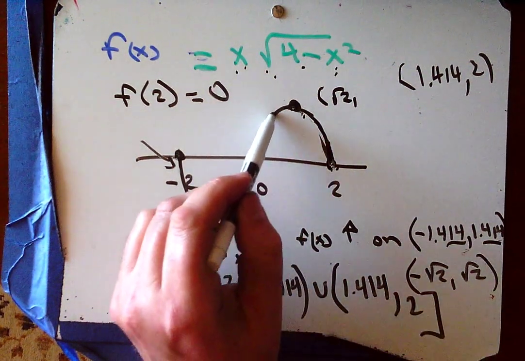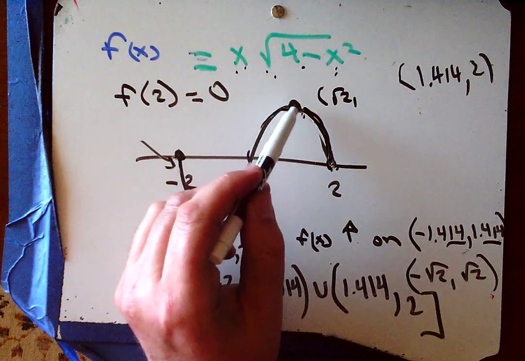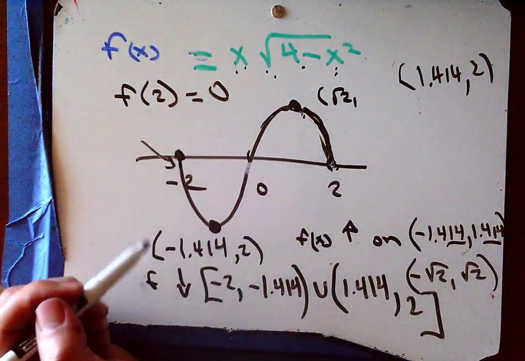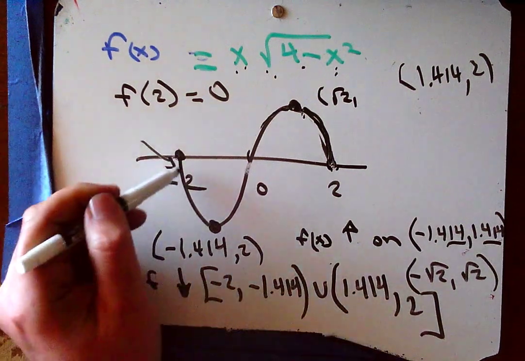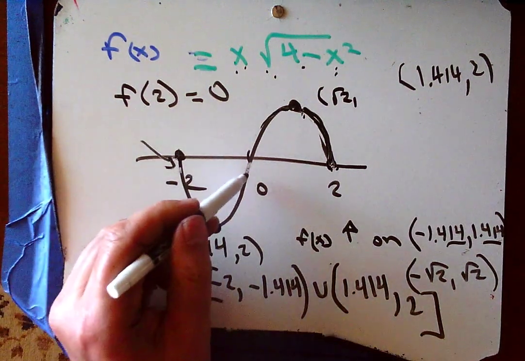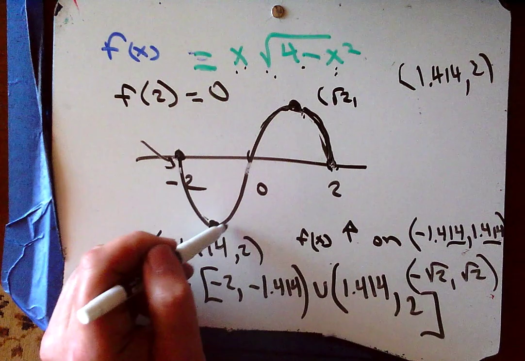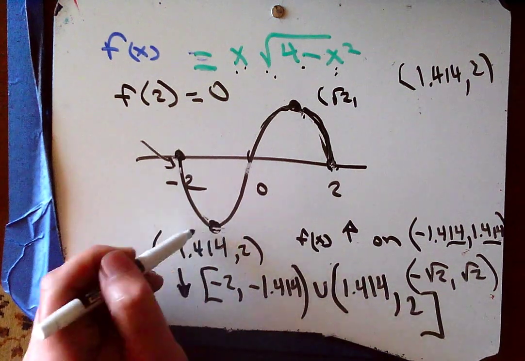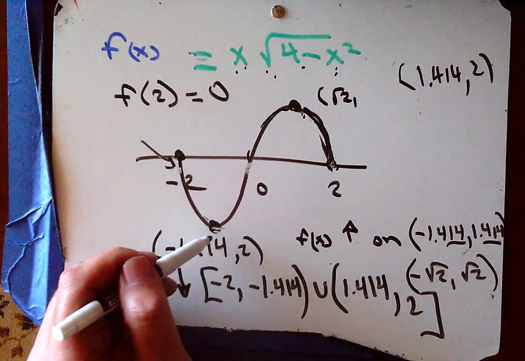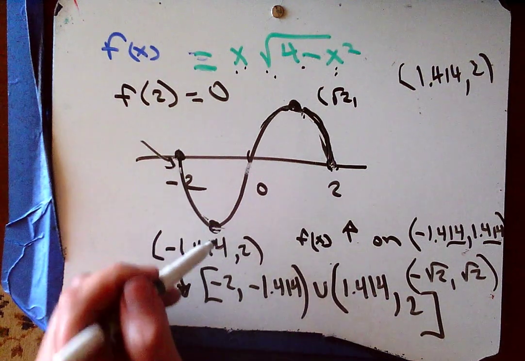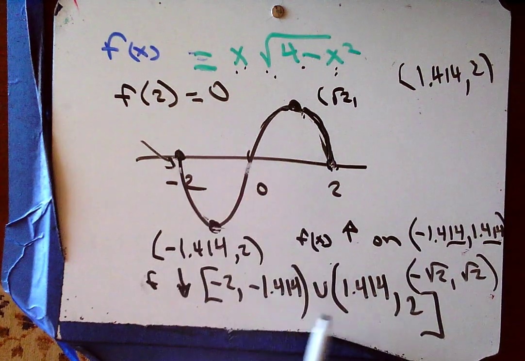At this point, I'm going from increasing to decreasing. The slope there is 0. That's not a negative slope, so it's not a place where this function is decreasing. Here, the function goes from decreasing to increasing, a negative slope to a positive slope, so that's a 0 slope there. That's not increasing or decreasing. That's a 0 slope, so I can't include these, which is why I'm using parentheses, okay?